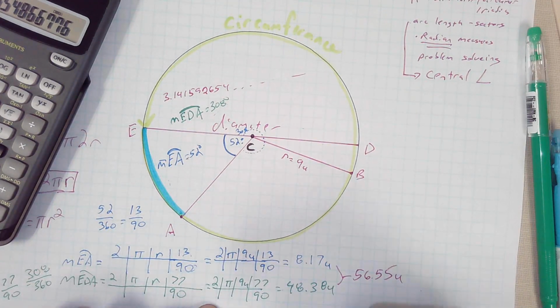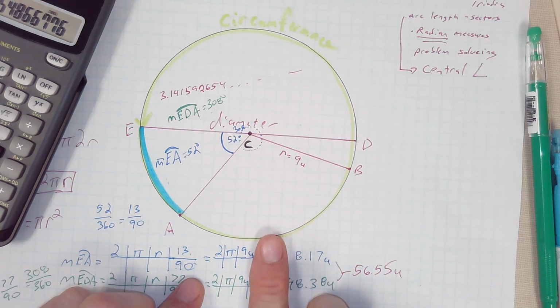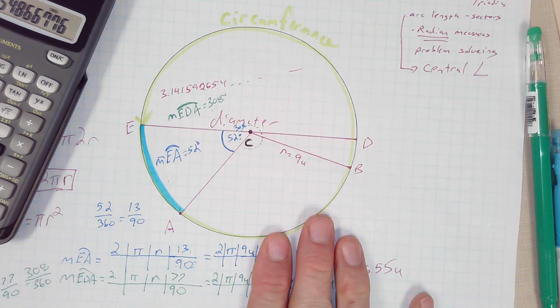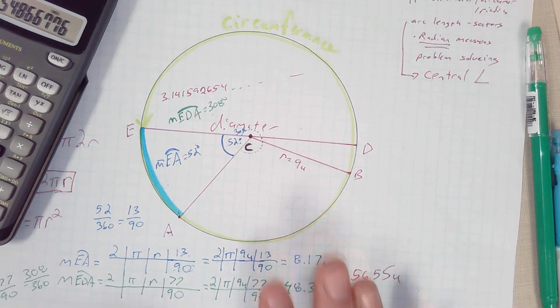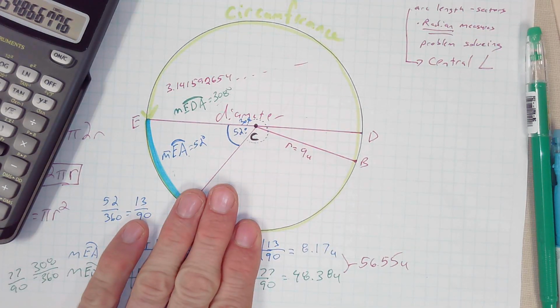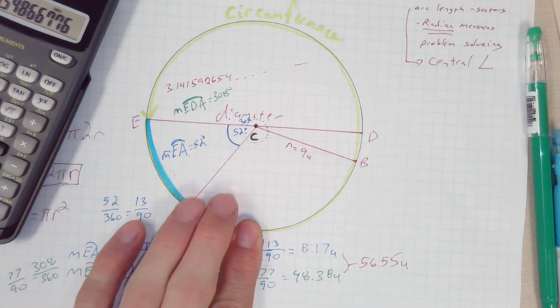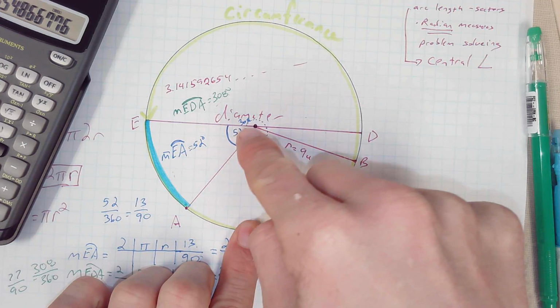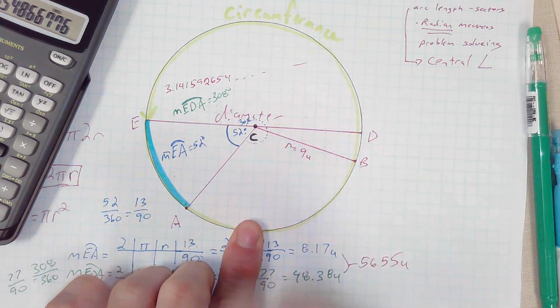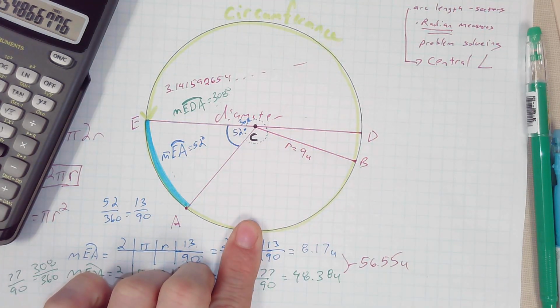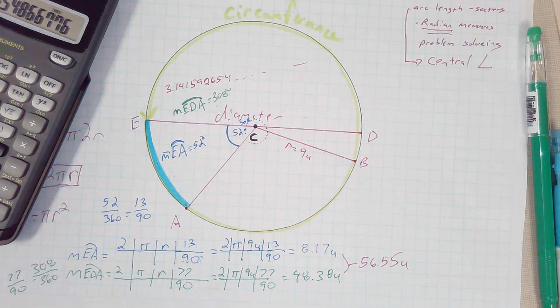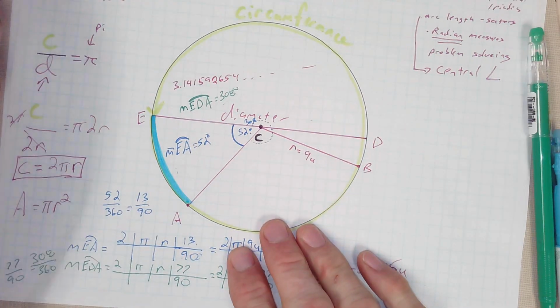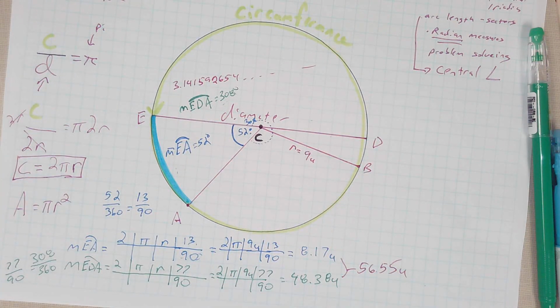You just take the circumference equation times the fraction of the circumference that the angle is taking up for the opposite arc. So it's not hard. And the area is the same thing.